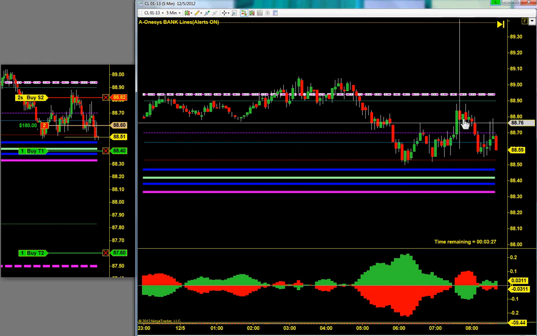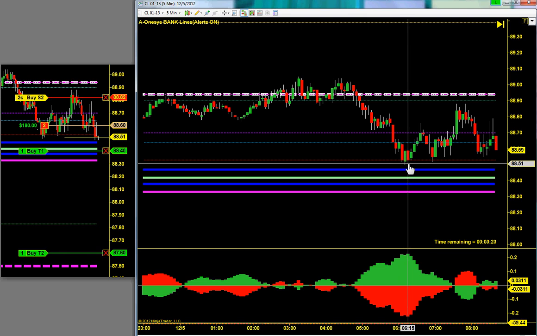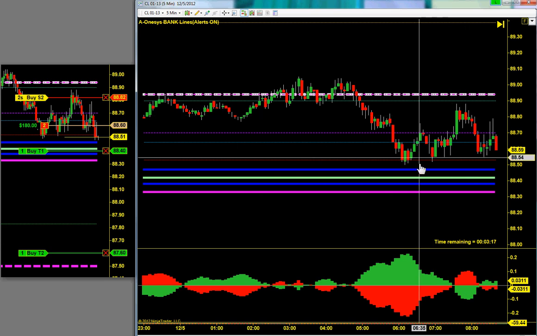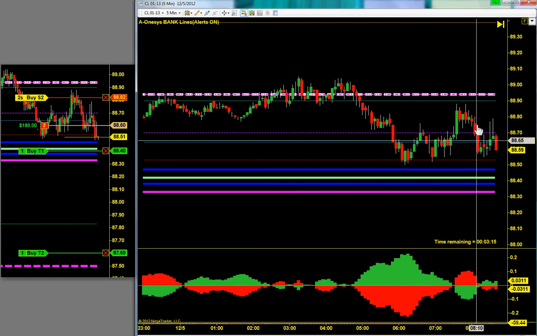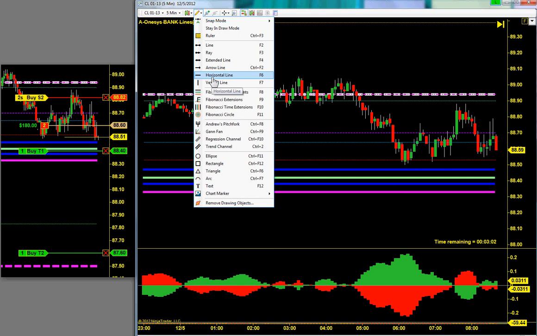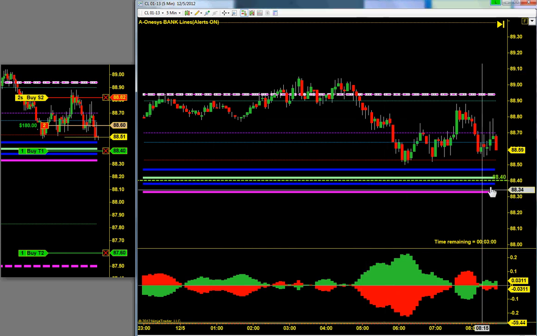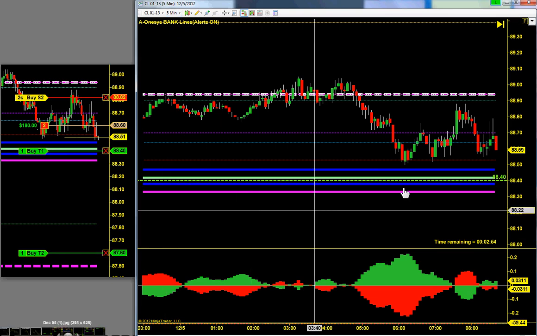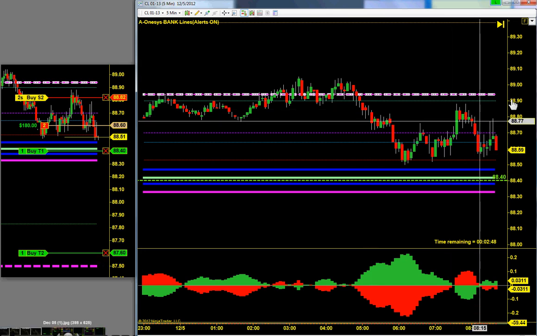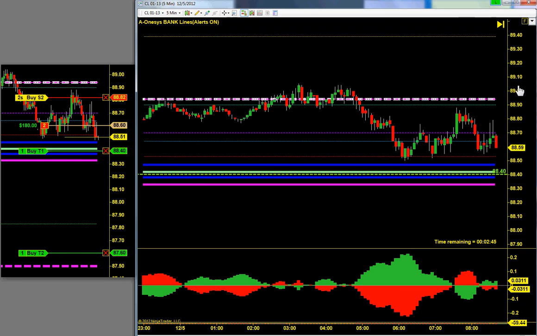Okay, now my target is first at 88, 40, and the second is at 87, 60, 100 ticks. One is 20 ticks, second is 100 ticks. So that is 87, 60 right here.